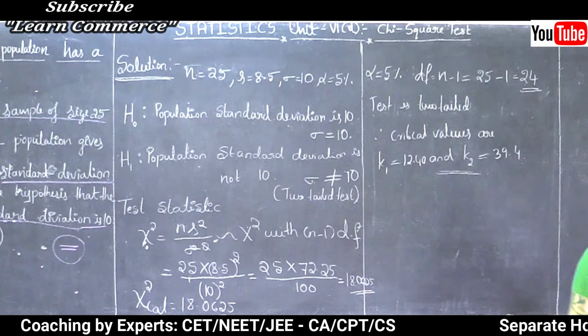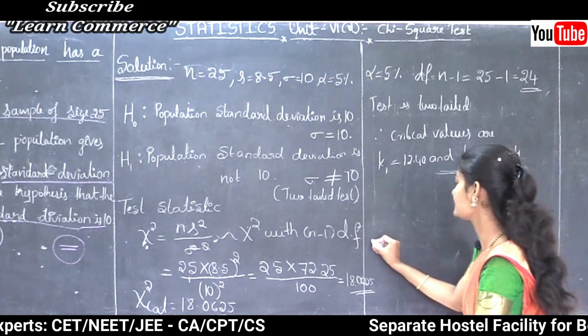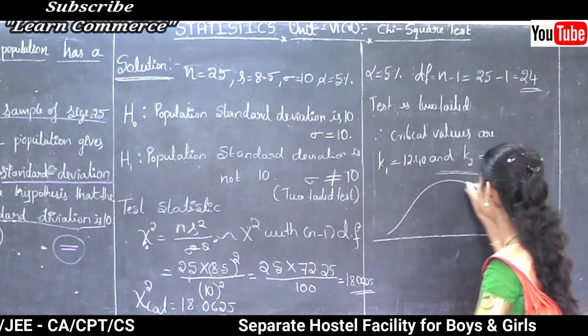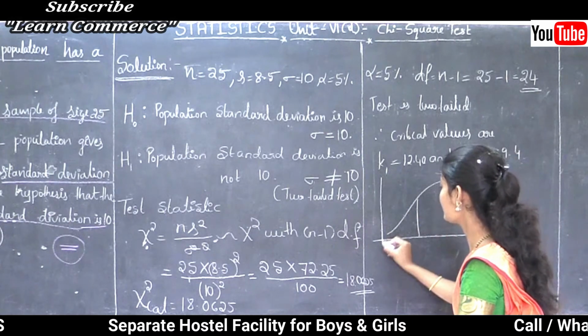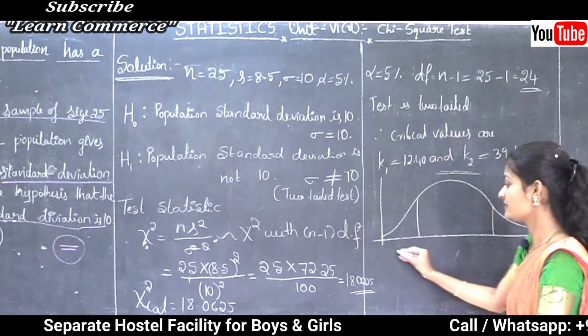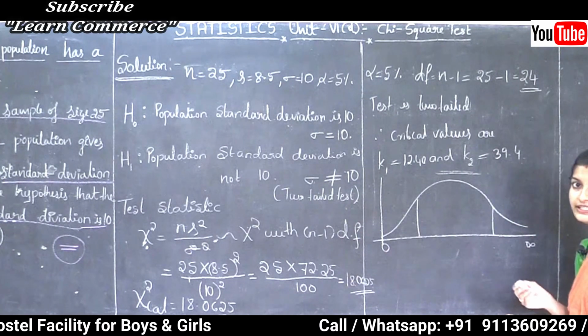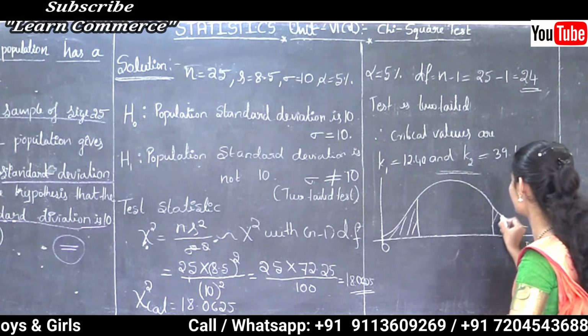Next, step 5. Since this is a two-tailed test, the rejection region is located at both tails of the probability curve. This is the chi-square test, and the range of chi-square is 0 to infinity, which we studied in theoretical distributions. This is the rejection region and this is the rejection region.